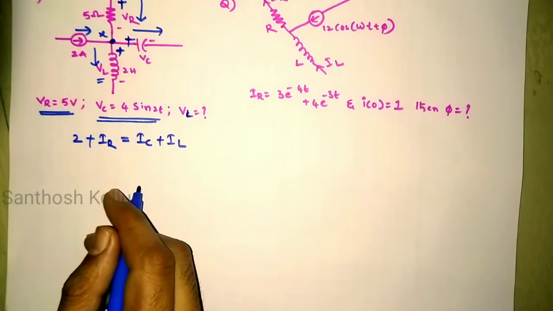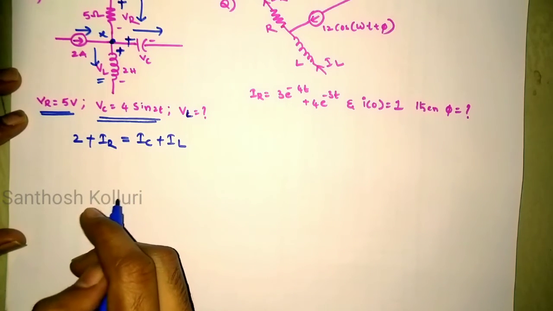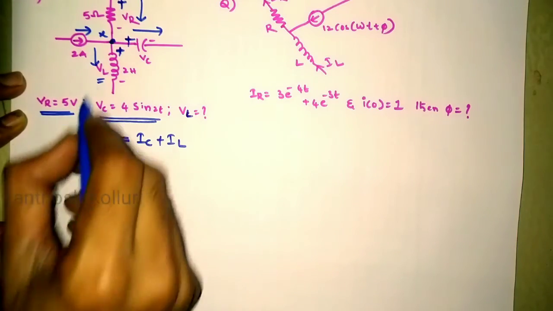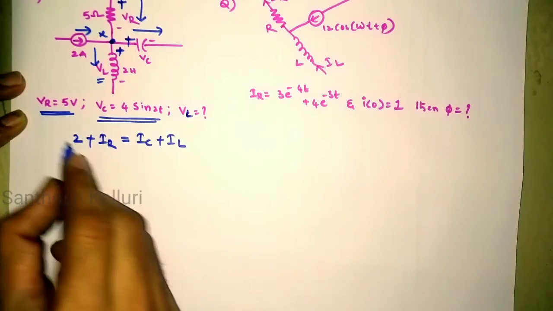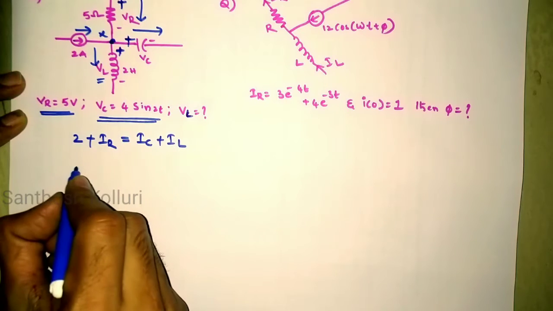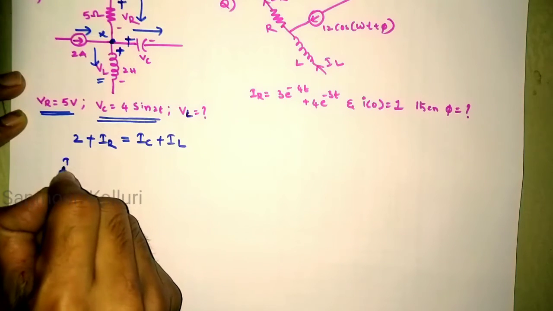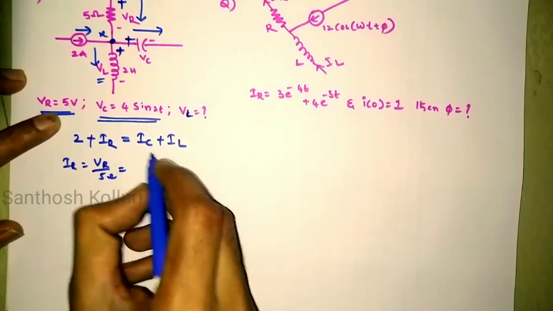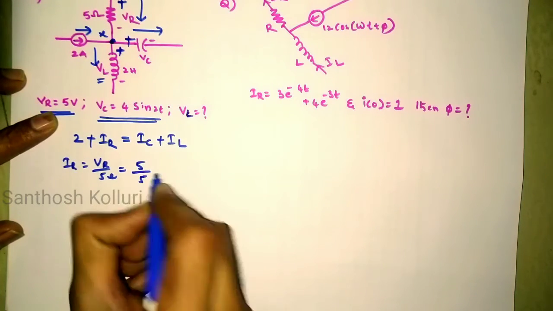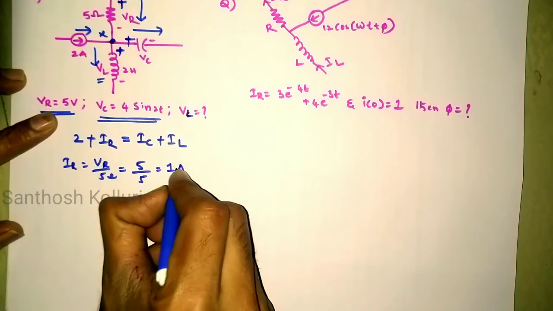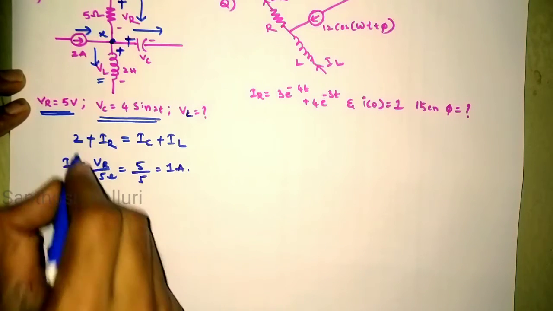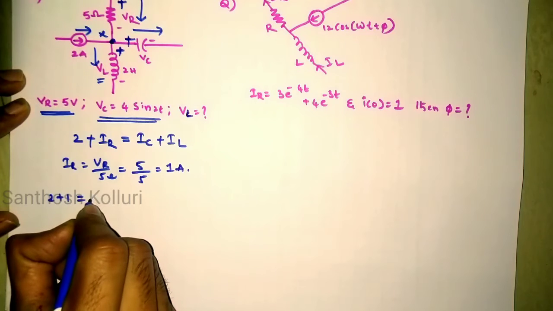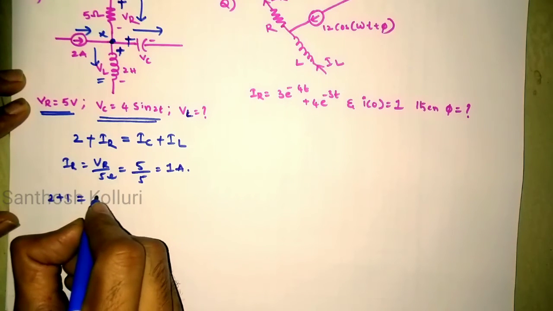So this is Kirchhoff's current law, KCL applied at node X. VR is given as 5 volts, so current IR can be written as VR by 5 ohms. VR is given as 5 and the value of the resistor is 5, therefore it is 1 ampere. So I am substituting here 2 plus 1 is equal to IC plus IL.